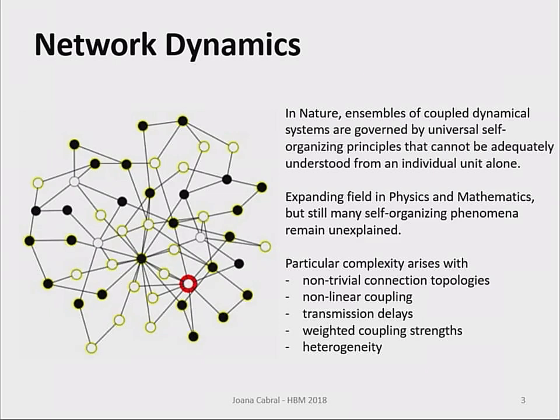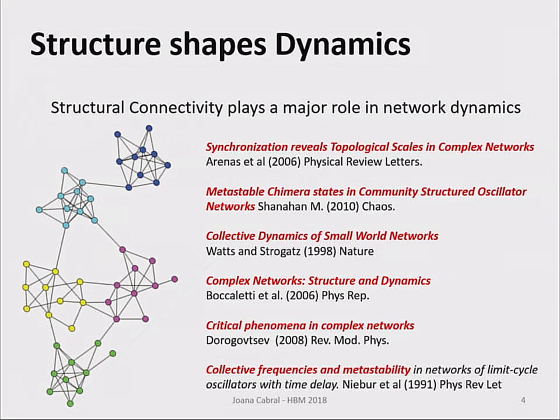The study of network dynamics, of coupled dynamical systems, is an expanding field in physics and mathematics, but usually they use synthetic networks of either homogeneous connectivity, two well-defined communities, or homogeneous delays. But in the brain, we are at the far end of complexity, with non-trivial connection topologies, nonlinear couplings, transmission delays, and heterogeneity between brain areas. So there's a way to simplify.